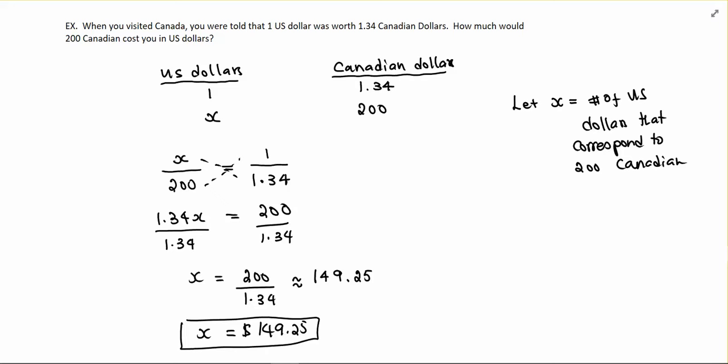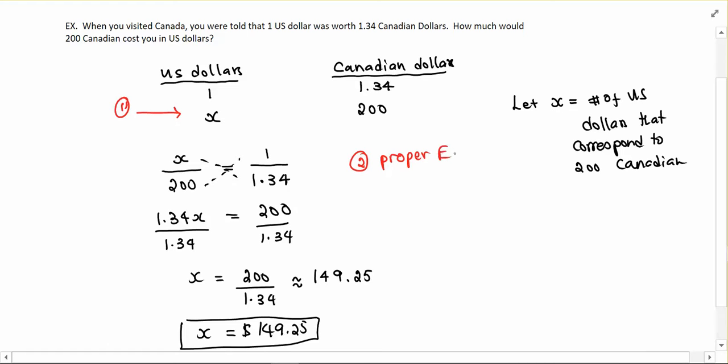So what am I looking for when I grade a word problem? Number one, I look for the definition of X. Have you explained what X is? Number two, I look for a proper equation. People write all kinds of weird equations. It's got to be something that makes sense in the context of the problem.